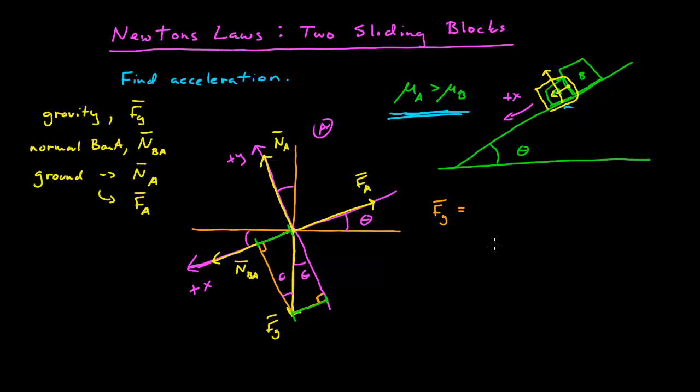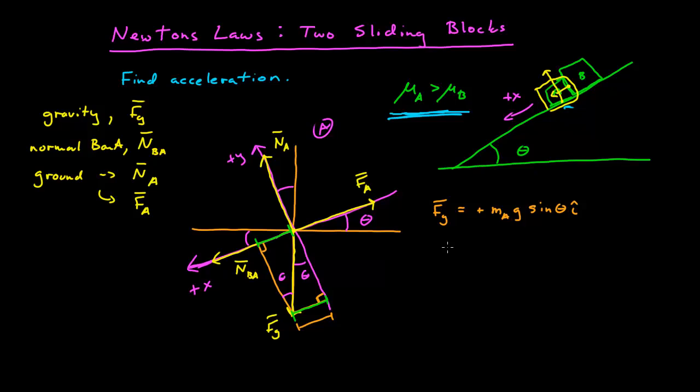So the length of that segment is going to be the magnitude of the force, which is m_A times g. That's the magnitude of the gravitational force on A, and it's going to be sine theta. So that's the length of that side of the triangle. This is i hat, and it's in the positive i hat direction.